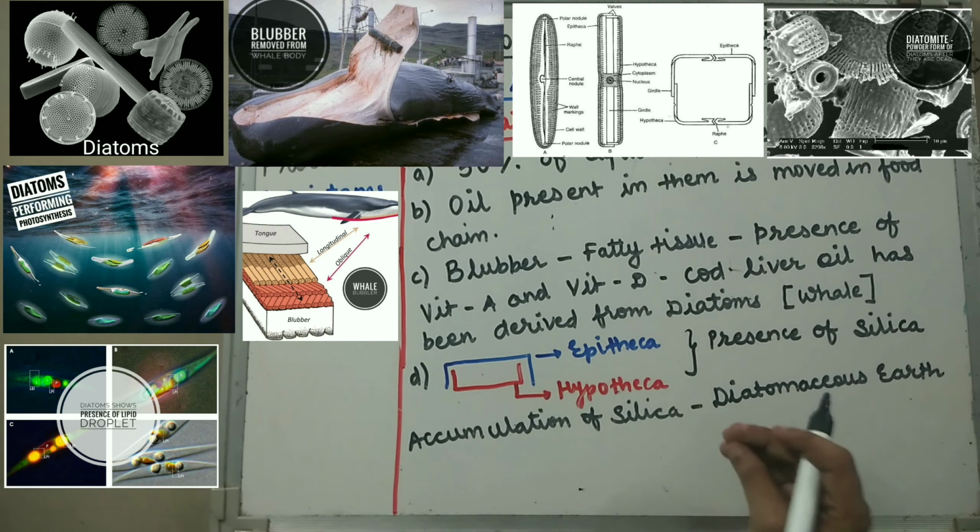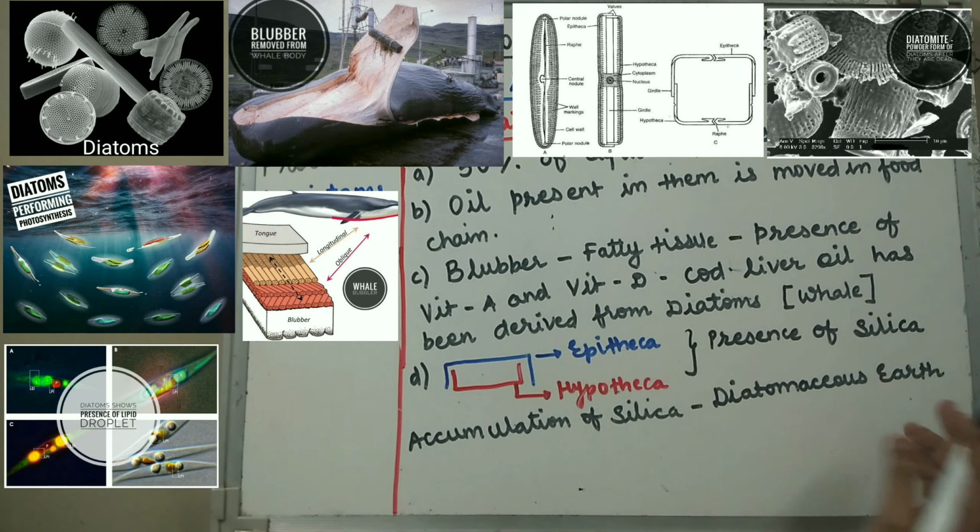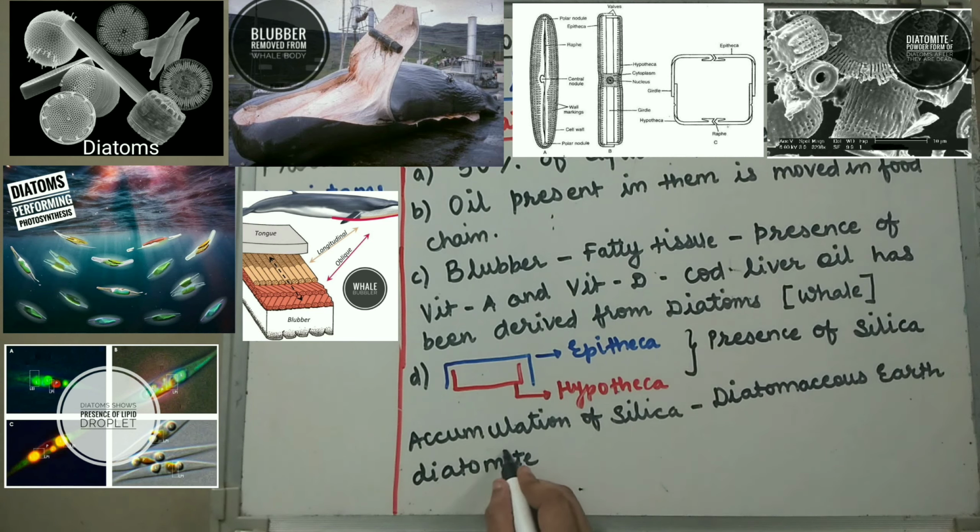Silica becomes the part of the ocean, and therefore it is known as diatomaceous earth. This is one of the names that could be given to it. It is also known as diatomite, also known as Kieselguhr.